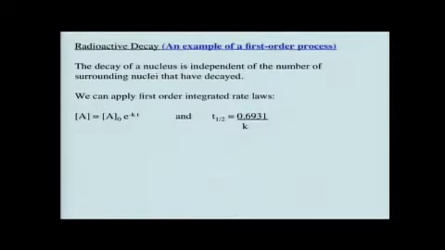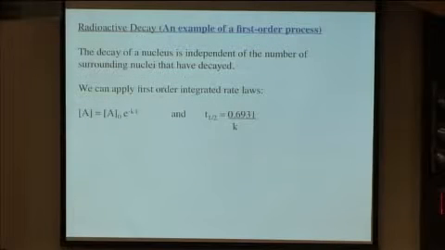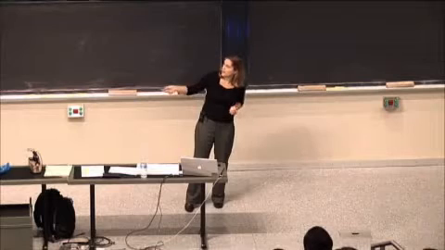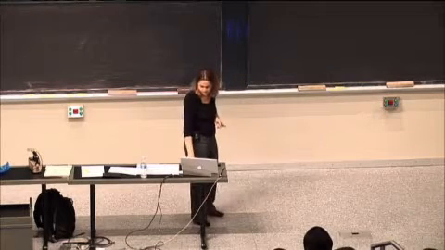So here are some of the equations we had last time. This is a different expression of the first-order rate law, where the concentration of material A at some particular time equals the original concentration times e to the minus kt, where you have your rate constant and the time that has elapsed. And we also talked about first-order half-lives with this equation here.